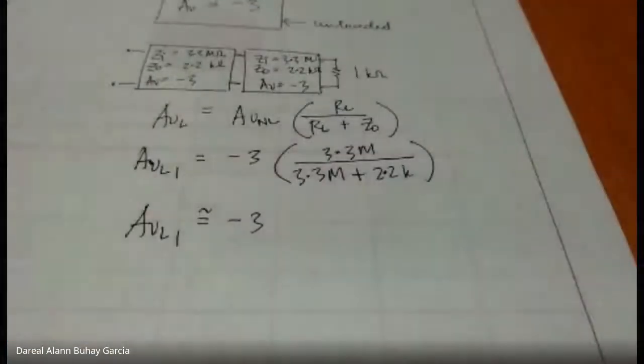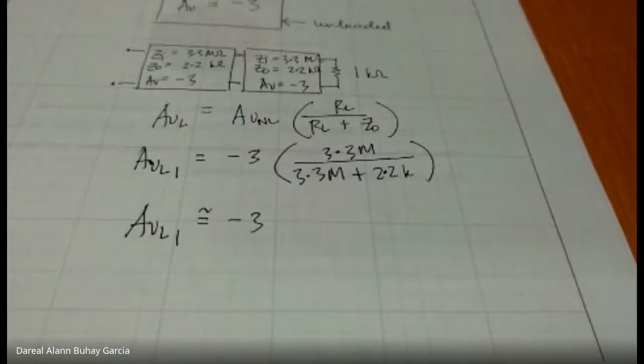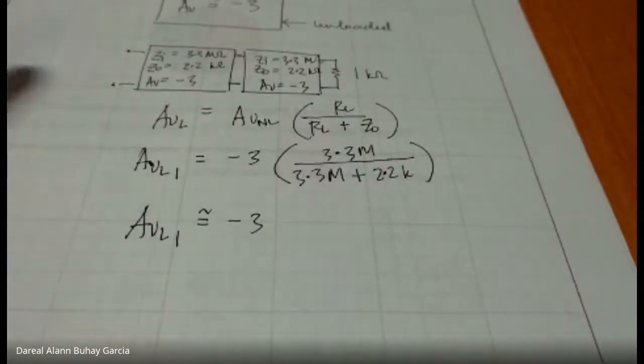Meaning AVL1 is still approximately negative 3, about 2.999998.